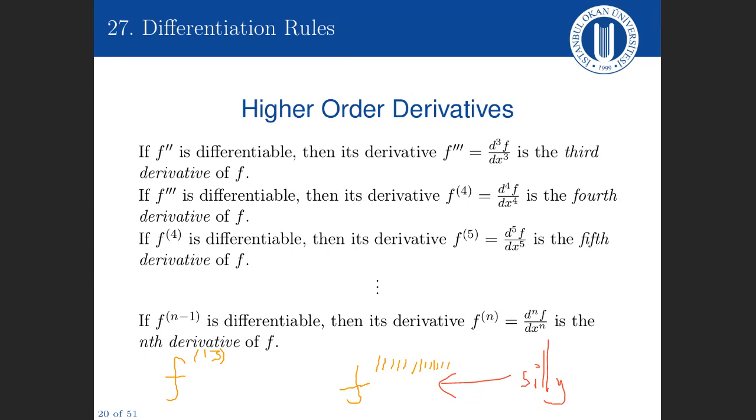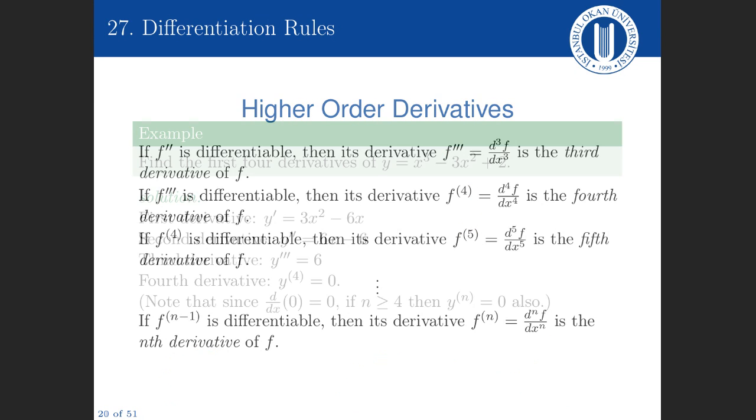So the usual convention is for the first three derivatives we use the prime notation, prime, double prime, and triple prime. And then as soon as we get to the fourth derivative and going onwards, we switch to numbers in brackets.